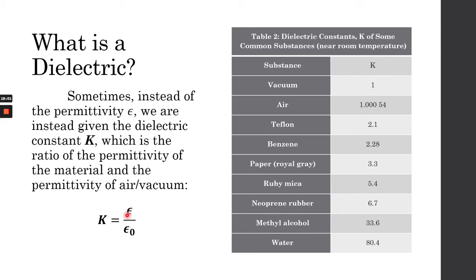So get the permittivity of the material and just divide it by the permittivity of free space, or epsilon naught, something that we have kept using since before, with the electric field and electric flux, etc. So this is another table for the permittivity, the dielectric constant K of some of the common substances. As you can see by now, the vacuum and the air is usually denoted with K equal to 1. So when we talk about vacuum or air, we usually say it's free space. There's nothing in between the two plates. Okay?